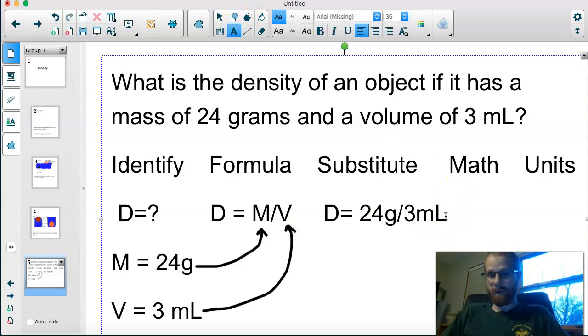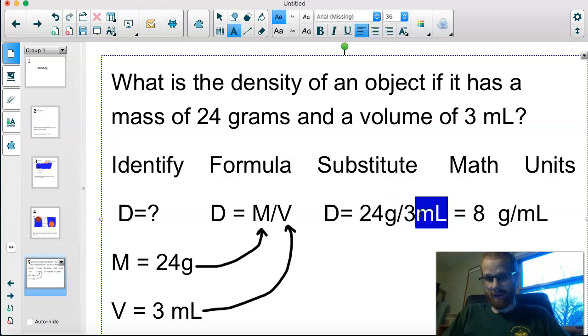Sweet. All right, so now that we've done that, we just need to do our math. The math is fairly straightforward. You can simply take a calculator and do 24 divided by 3, which equals 8. What would our units be? Our units in this problem would be grams divided by milliliters. And we can easily see that because we included our units in our substitution step.